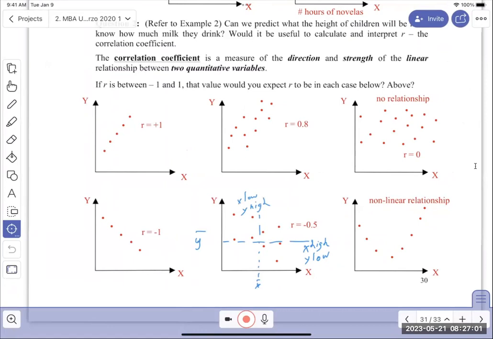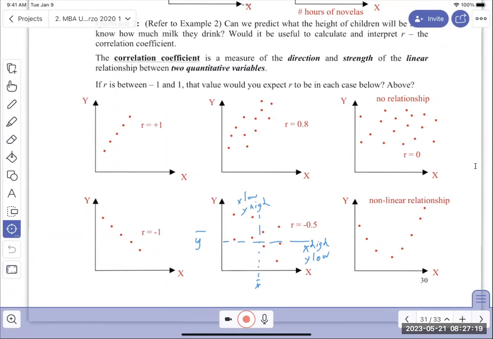Be careful, you still need the graph, because if you don't have the graph, you'll miss the fact that there is a relationship. Ultimately what we're looking for is relationship, not necessarily lines. Lines is just the easy go-to. We start with lines, but in fact, there is a relationship here that could be used to make predictions.